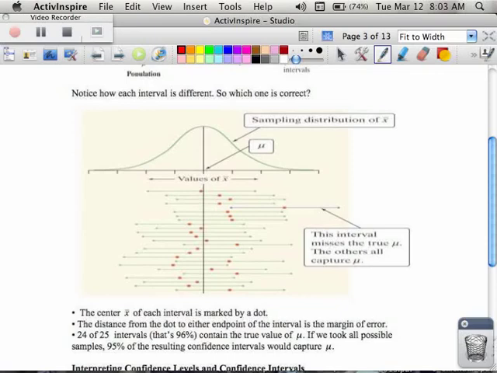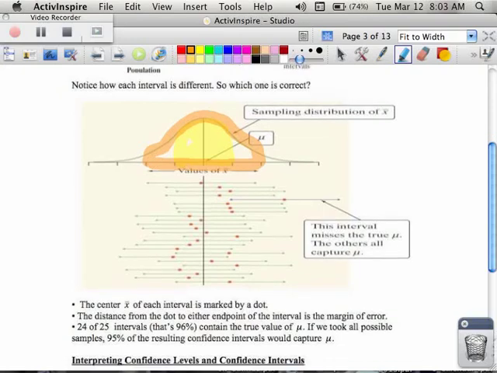If you remember the 68-95-99.7 rule, inside of here we have 68% of our material, and inside of the next band we have 95%. The dot that's far to the right, outside the orange, is a mean that missed when we took our sample. So 95% of the samples that we take will capture the true mean when we include the error. That's what a confidence interval is saying.